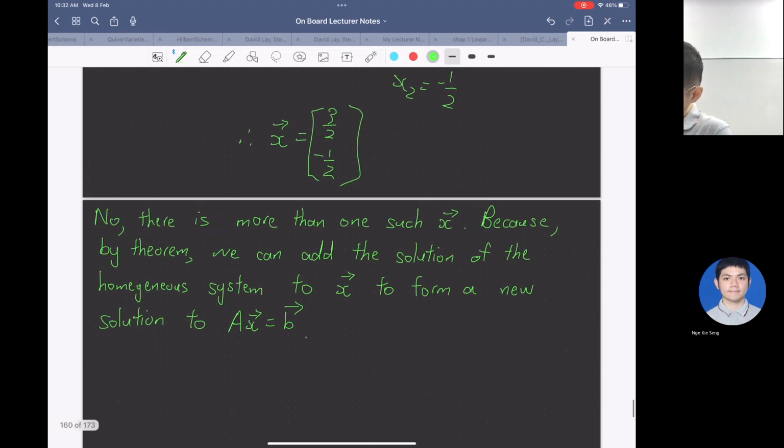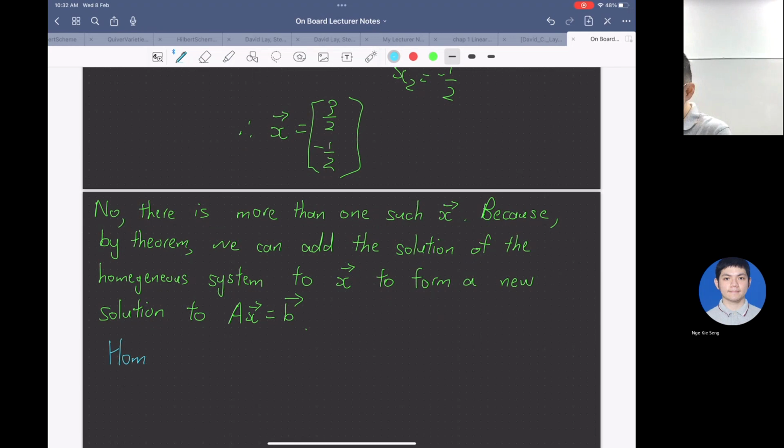So if you don't believe it, go and solve A x equal to 0 bar, and denote the solution by w bar.